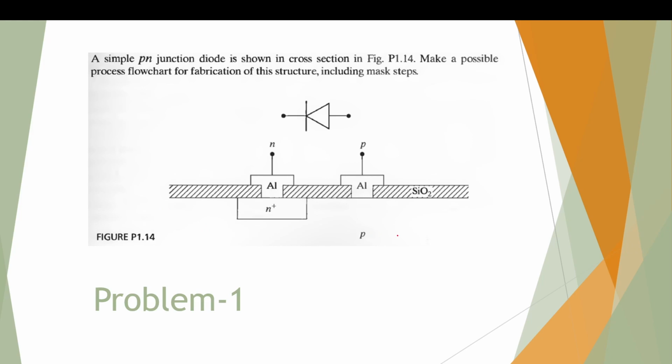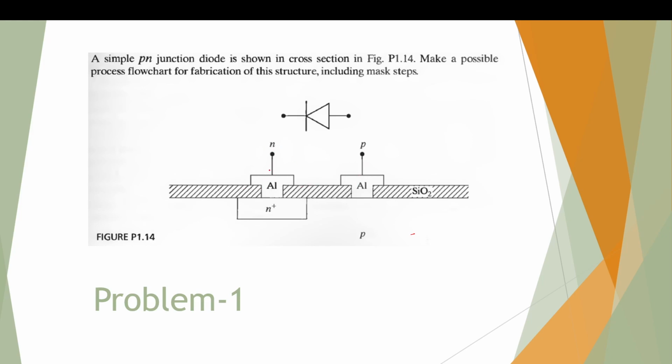This is P-type silicon or any other P-type material. Then we have doped it with N-type. Then this is the SiO2. Yeah, this is the passivation SiO2, just to isolate this metal from this metal. This is aluminium metal basically, and then this is the contact.